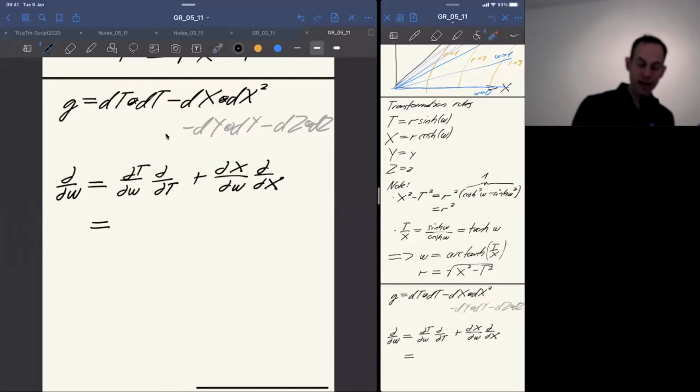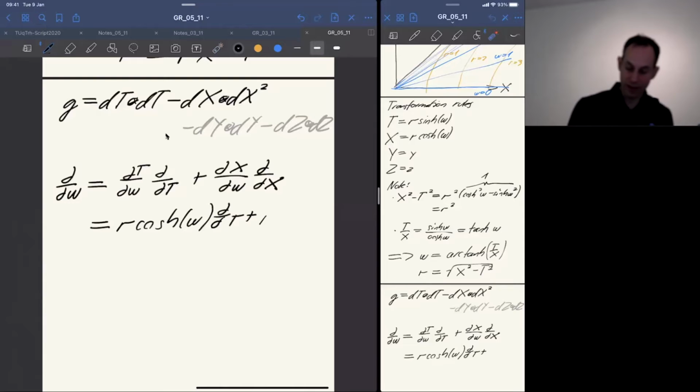There's no minus sign. That's another difference compared to the trigonometric functions that you know otherwise. So what we get is just this. I take this derivative, the r remains, and I have this expression here, ∂/∂x.